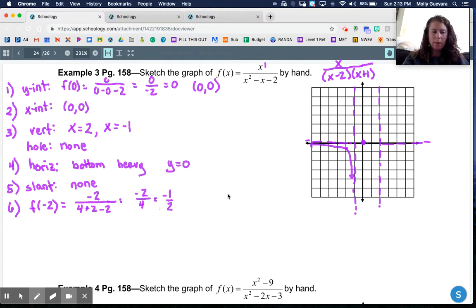Okay, next one I'm going to plug in. I need to know what's happening between this asymptote and this x-intercept. So I'm going to plug in -0.5. So that gives me -0.5 on top. -0.5 squared is positive 0.25 minus -0.5 minus 2.